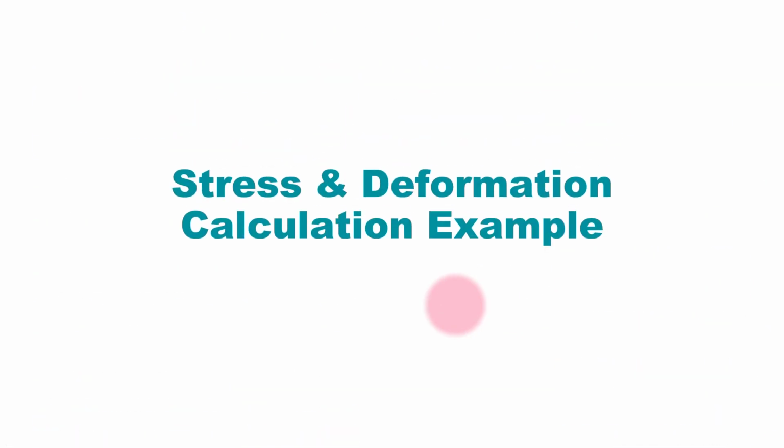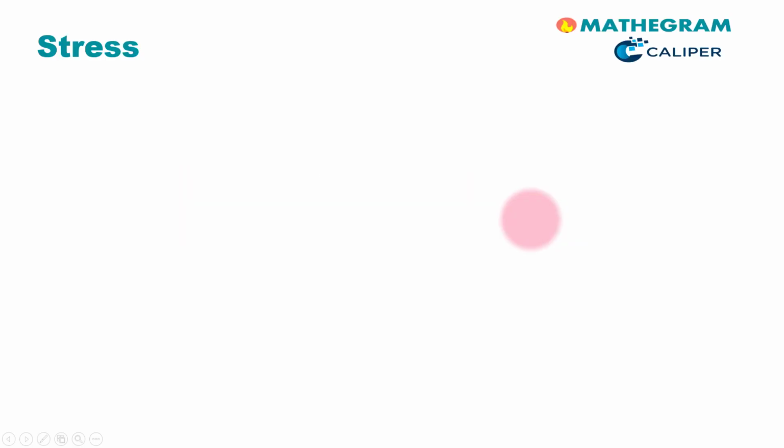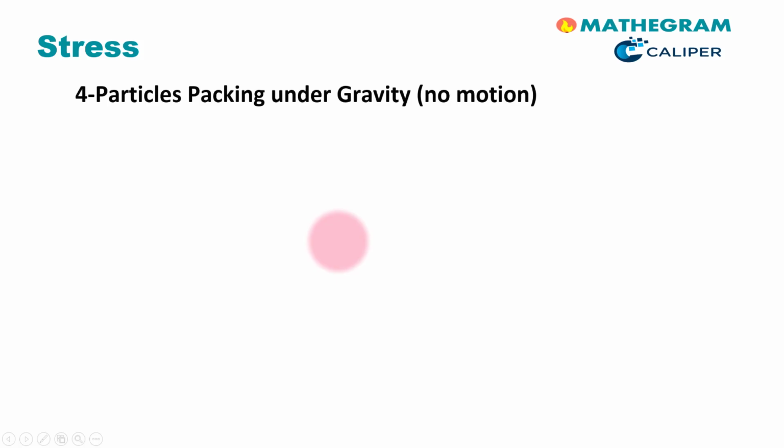Let us translate this into practical information on the calculation of stresses and strains in a calculation example. Let us therefore consider a packing of 4 identical particles under the action of gravity.